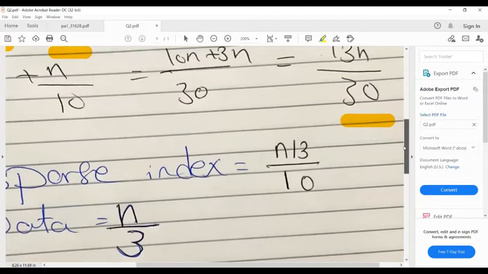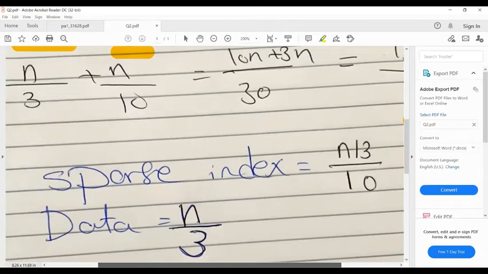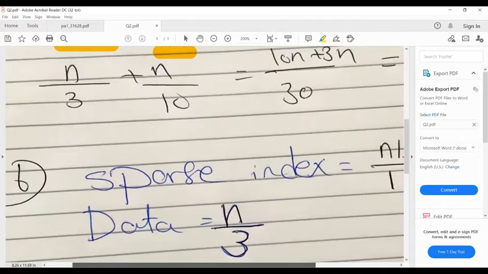I only need to include a single record representing a single block. That's why I have n/3 blocks. So I will divide n/3 by 10 because I need to reference every single block I had in my sparse index. So I will have n/3/10 blocks to hold the sparse index.